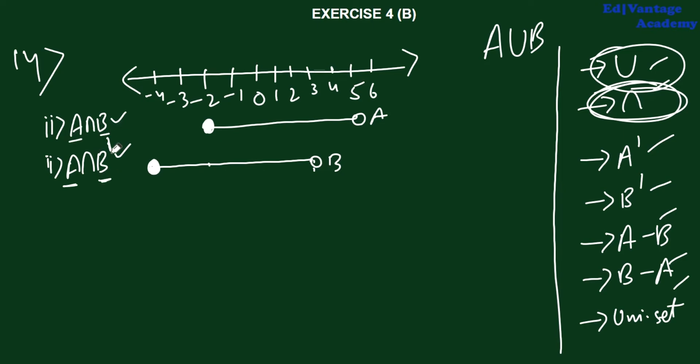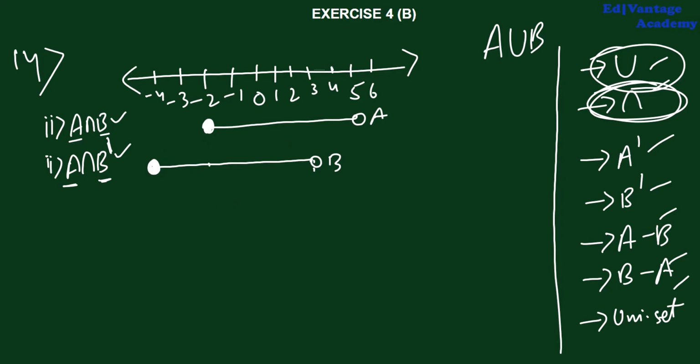Here we did it for A and B, but what is B dash? If you forgot, B dash means all the elements of the universal set except B, excluding B. So we have to exclude this part because this is B, from minus 4 up to 3, not including 3. The remaining numbers will come in B dash.